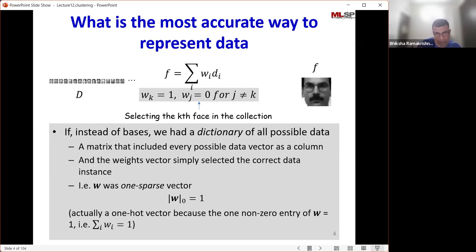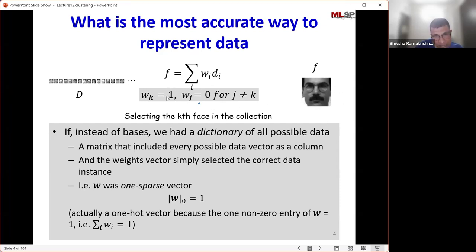Now, if I want to think of this in algebraic terms, I would have a dictionary of faces. These D_i are my dictionary entries, and you would be reconstructing the data as a weighted sum of dictionary entries, except the weights are going to be 0 for all of these dictionary entries except the target face.